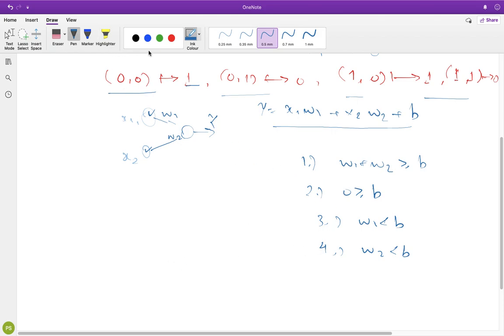So I will tell you how these inequalities do not hold. Looking at the first inequality, it holds if x1 is equal to 1 and x2 is equal to 1, which goes to 1.